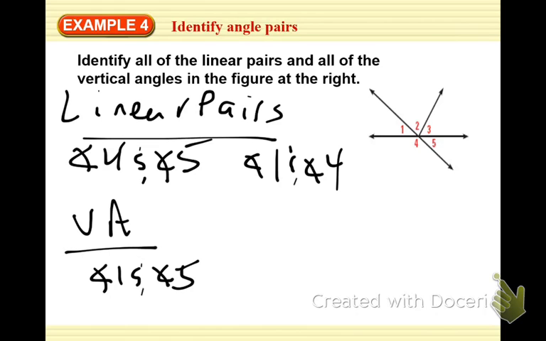Yes, yes, yes. That's a good point. And I was going to mention that with linear pairs also. What he's saying is there are some hidden vertical angles in here. There's just not a good way to name them. So if you crisscross these two lines, they make an X as well. These guys right here. And so this guy and this guy are going to be vertical too, only we don't have a good way to name them.